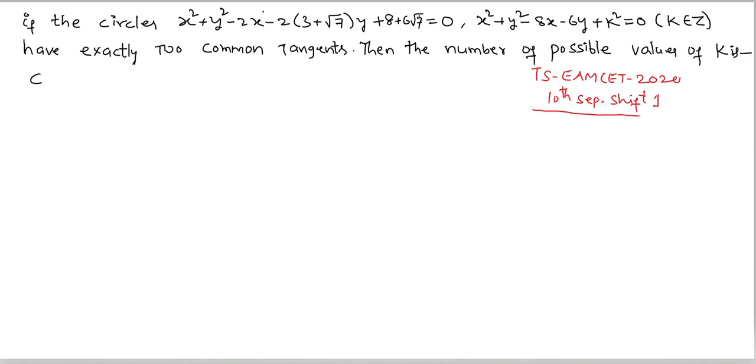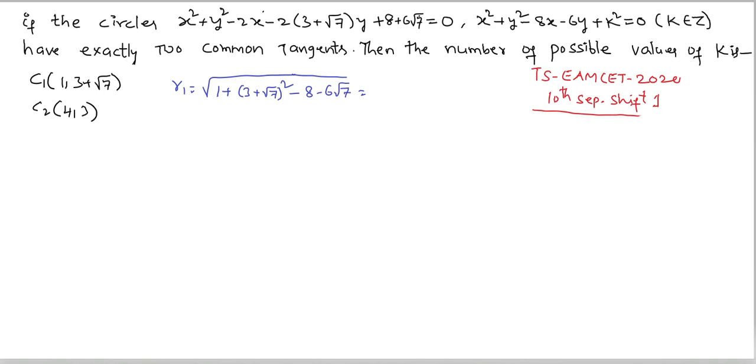First we find the center of the first circle C1, that is 1 comma 3 plus root 7, and the center of the second circle C2 is 4 comma 3. The radius of the first circle R1 is equal to under root of 1 square plus 3 plus root 7 whole square minus 8 minus 6 root 7.